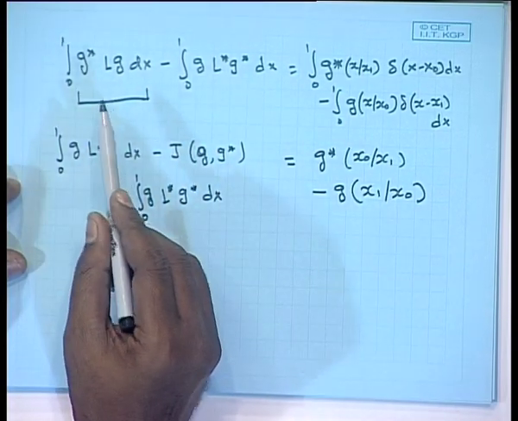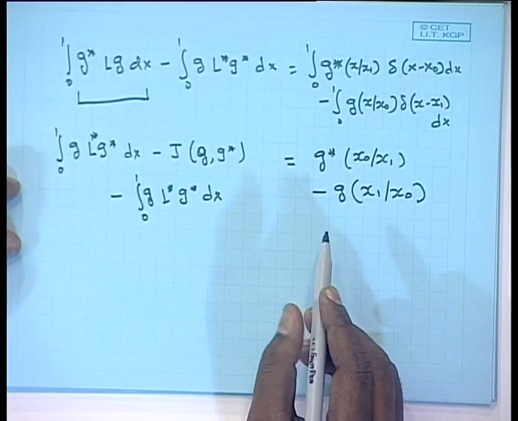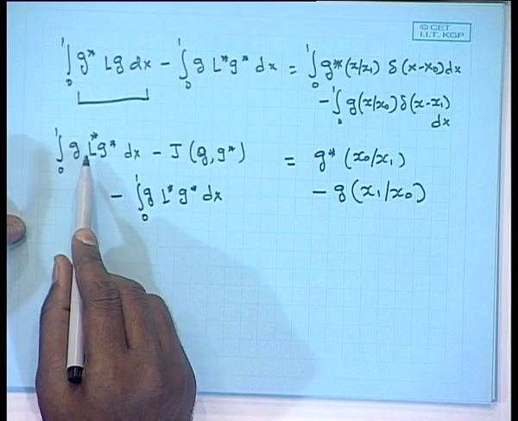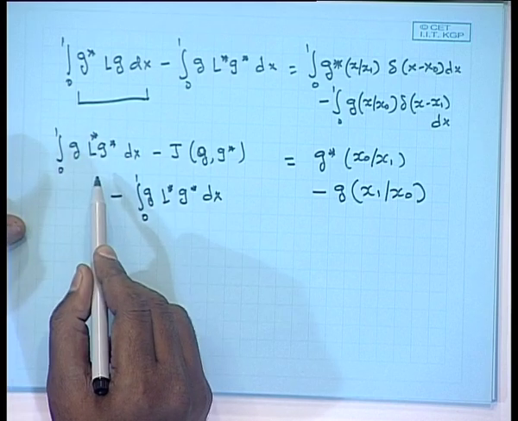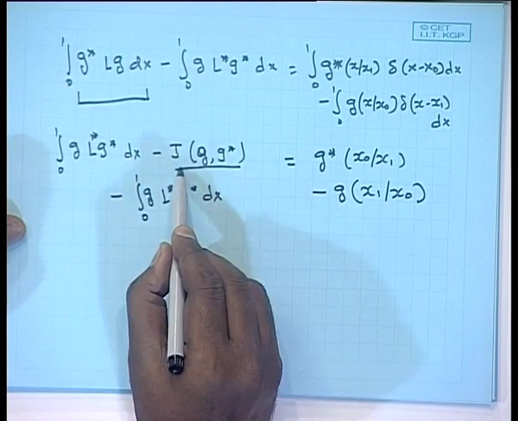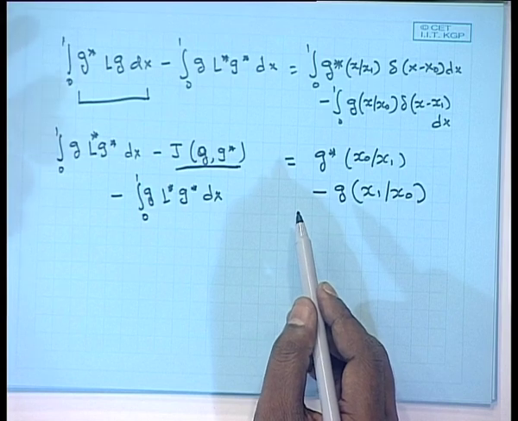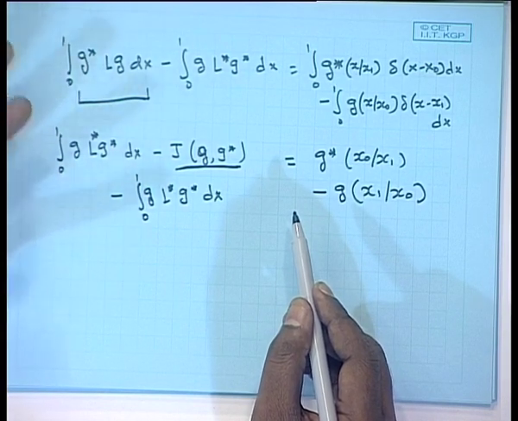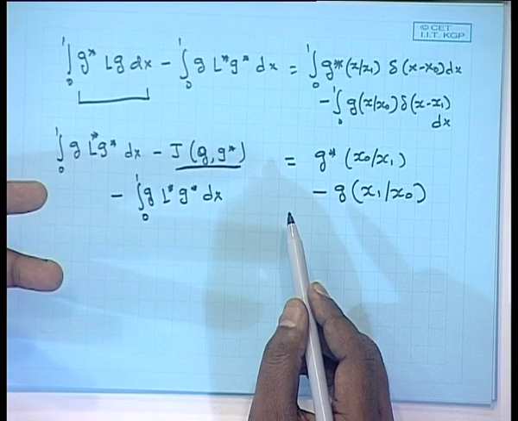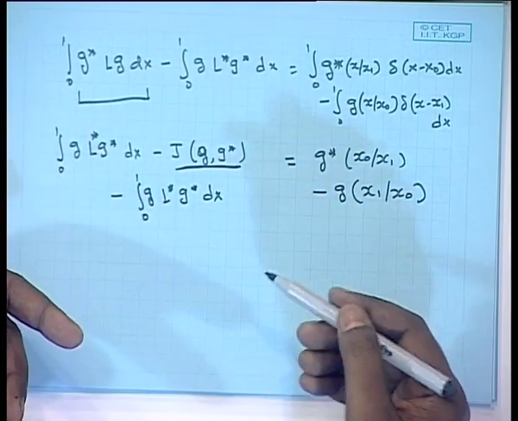So, this will be the adjoint operator L star and G star the adjoint Green's function, and this term J of G and G star is nothing but the boundary condition term between G and G star that exists on the boundary, evaluated over the limit 0 to 1.